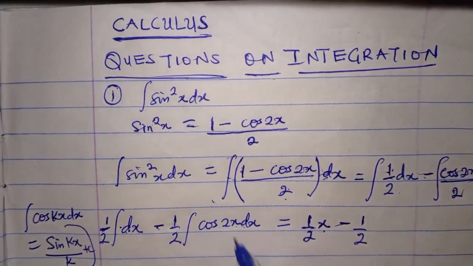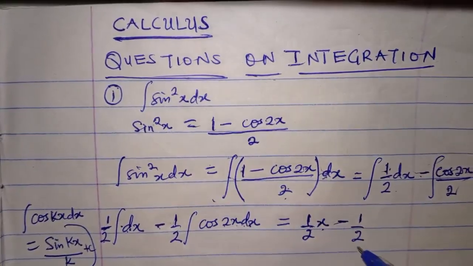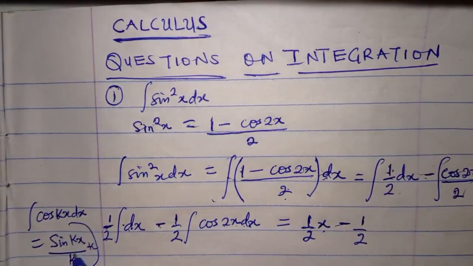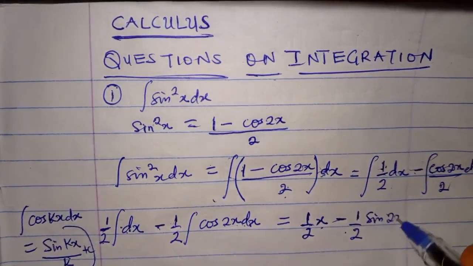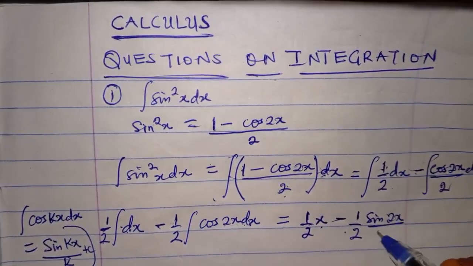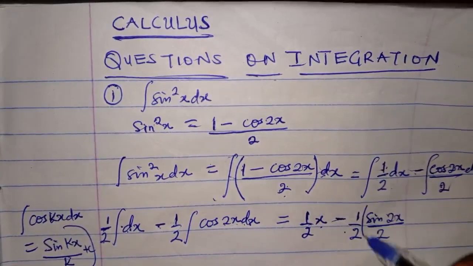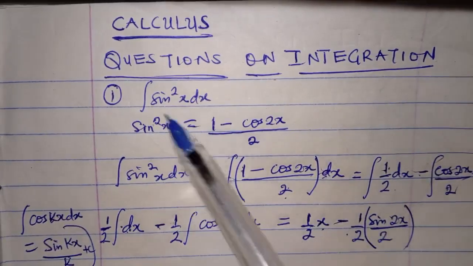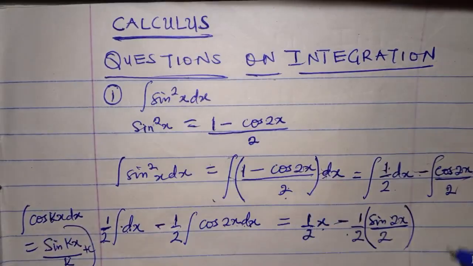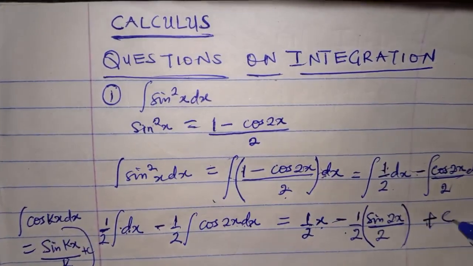So the integral of cos 2x dx will now be, based on this principle, sine 2x all over 2, right? Multiplying the 1 over 2 outside. And since the entire integral is not definite, we'll add the constant of integration to it.